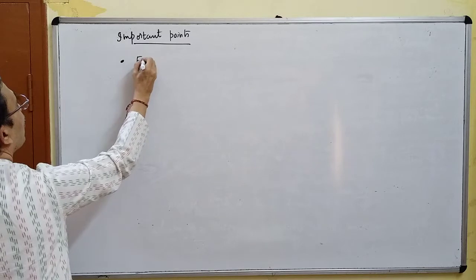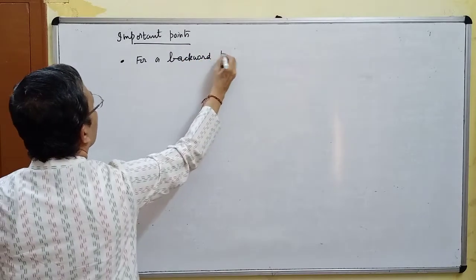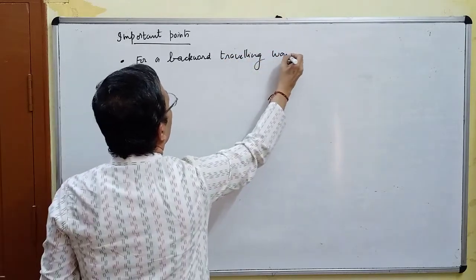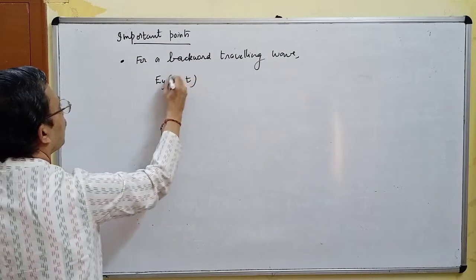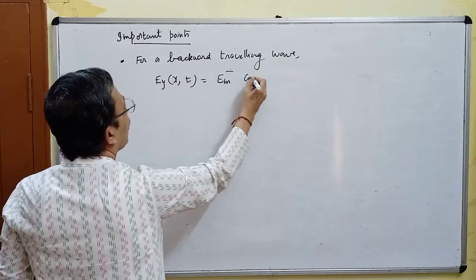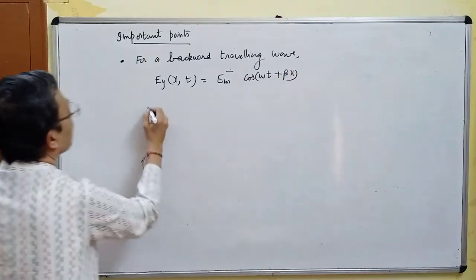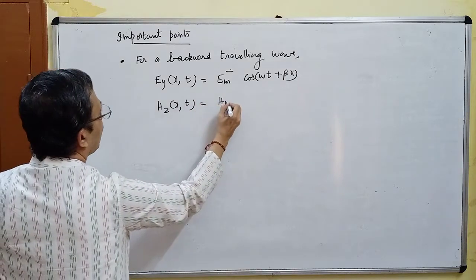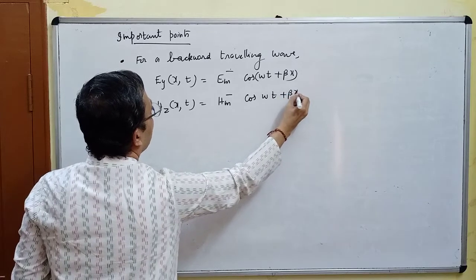Second one, for a backward traveling wave, Ey, a function of x comma t, is equal to Em minus cos of omega t plus beta x. Hz, a function of x comma t, is equal to Hm minus cos of omega t plus beta x.